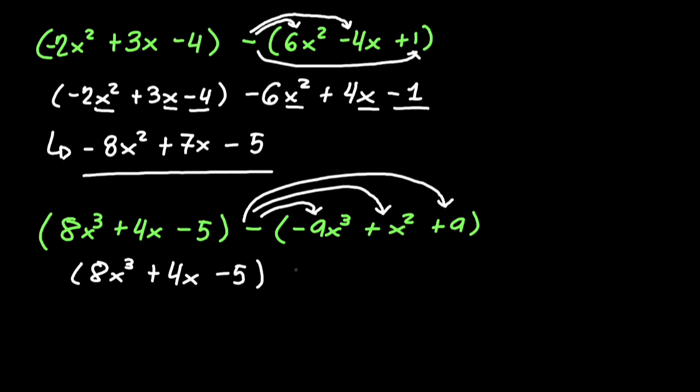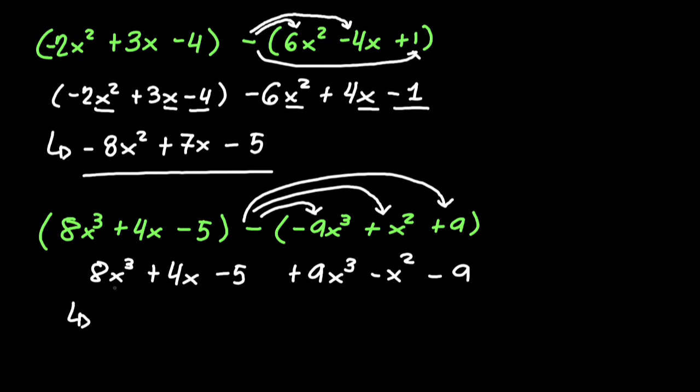Negative multiplied by negative would be positive 9x cubed. And negative multiplied by positive x squared would be negative x squared. And negative multiplied by 9 would be negative 9. Actually, you can just remove now the parenthesis here. So it will be like that.